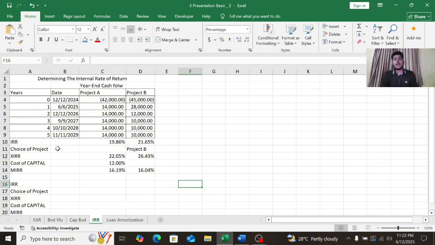It also doesn't account for reinvestment rates and capital rates, so it has some limitations there. To get a better idea, let's see some definitions.